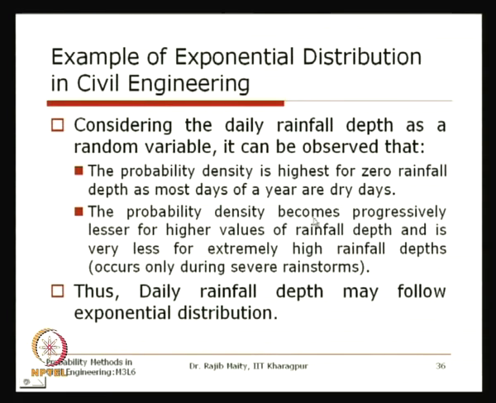The probability density becomes progressively lower for higher values of rainfall depth, and it is very low for extremely high rainfall depths. Thus, daily rainfall depth may follow an exponential distribution, and with this we stop with the exponential distribution here.